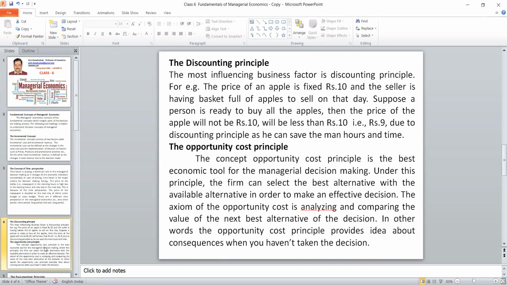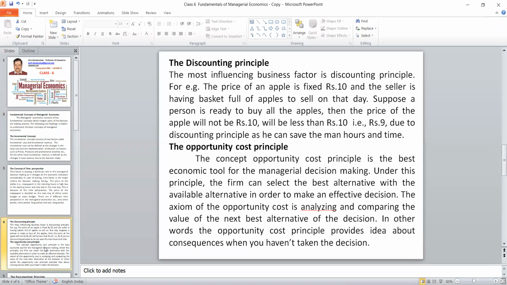Suppose you take a wrong decision, it means the alternative will show that if you had chosen the alternative, it would give more benefit, so your decision is wrong. That is why the opportunity cost principle is the best economic tool for managerial decision making. Under this principle, the firm can select the best alternative out of the available alternatives in order to make an effective decision.